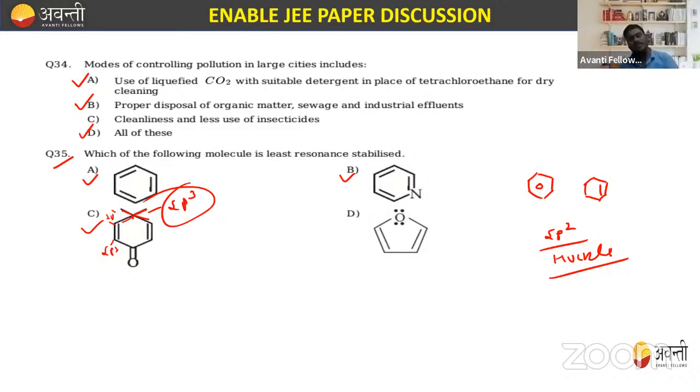Always remember one thing: more stable means aromatic. Aromatic compounds are always more stable than non-aromatic compounds. So the least resonance stabilized is option C, because here aromaticity is not followed.